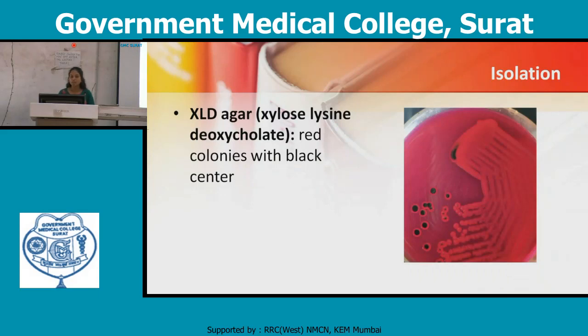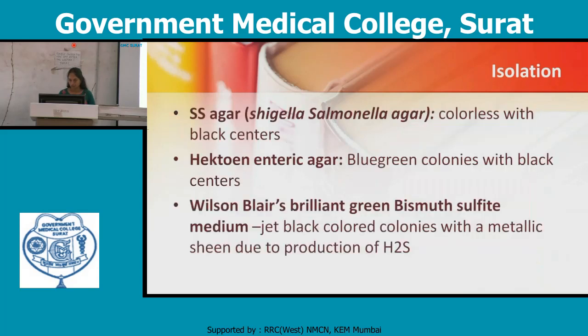SS agar, Shigella Salmonella agar, gives colorless colonies with black center. Hektoen enteric agar gives blue-green colonies with black center. Wilson and Blair's brilliant green bismuth sulfite medium gives jet black colonies with a metallic sheen due to production of H2S.